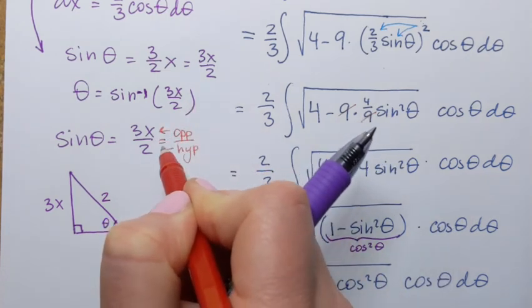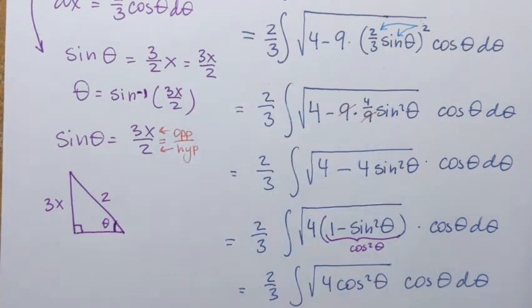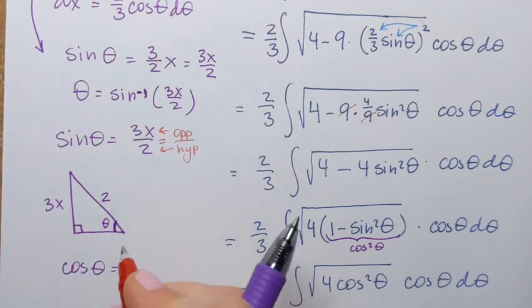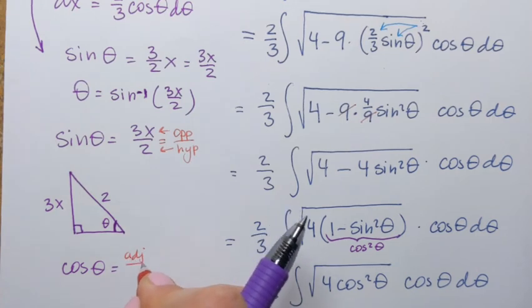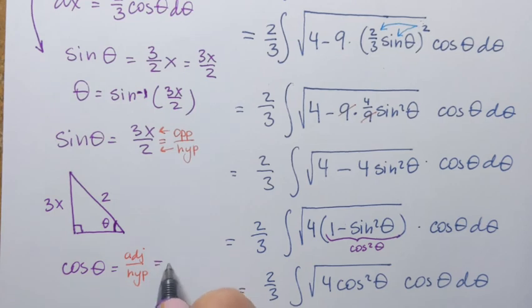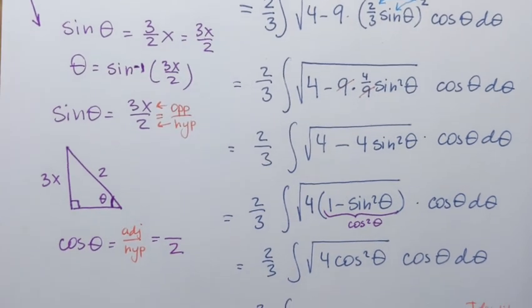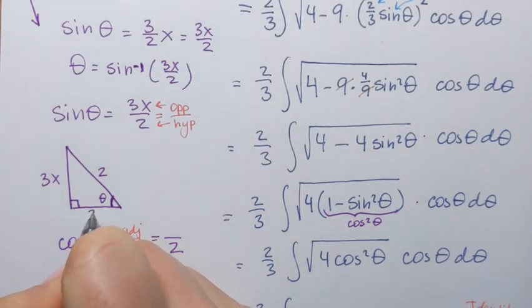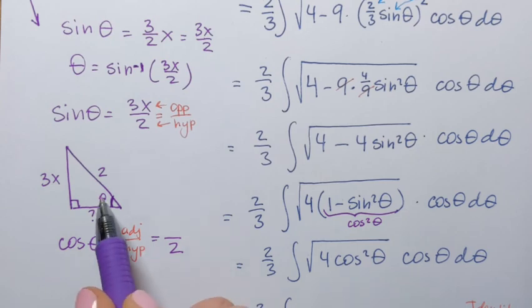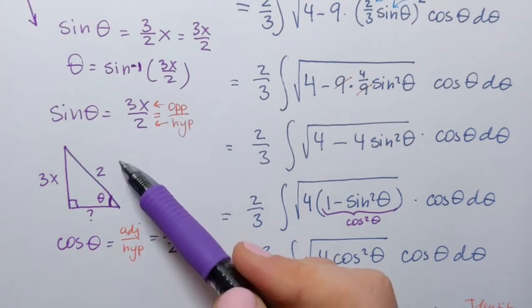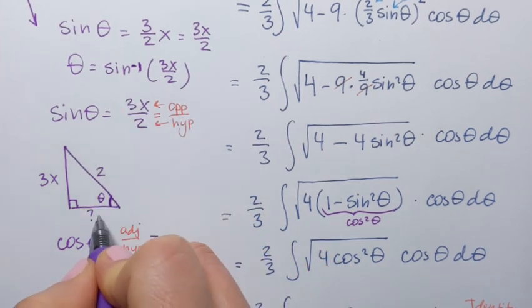Opposite side, hypotenuse. Now, what is cosine? Remember, we need to find cosine of theta. Cosine of theta is adjacent side to hypotenuse. Hypotenuse we already have. That's 2, so it's going to be over 2. But what is the adjacent side? It's over here. Adjacent side is found by taking square root.